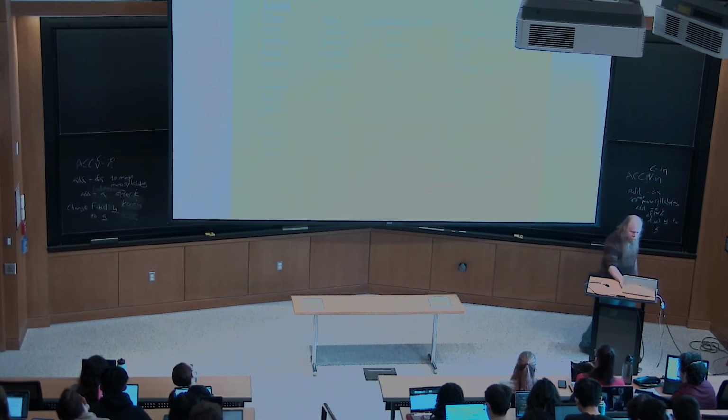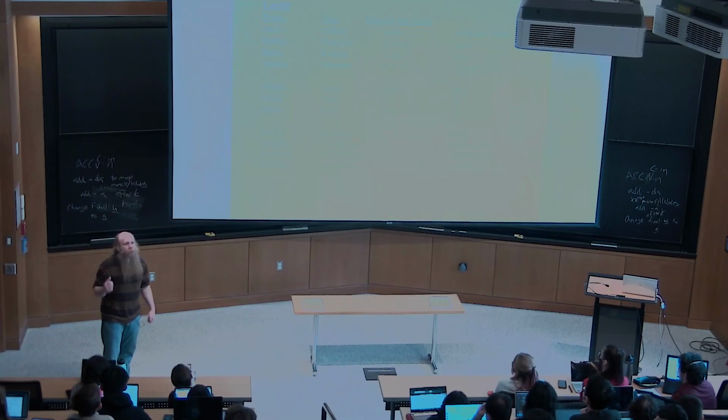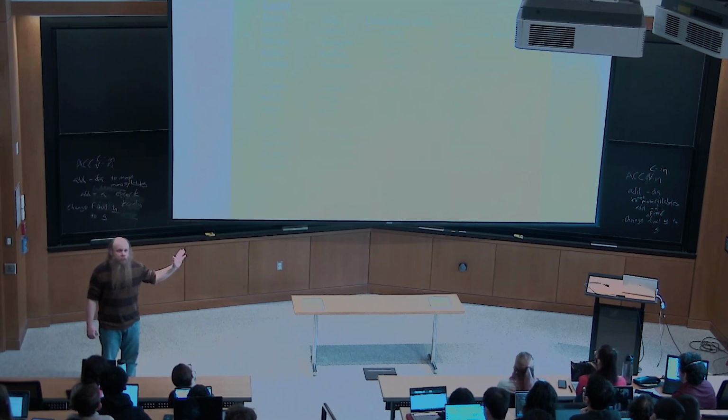All right, and then I think this is the last set of data I wanted to show you. The word for story is ngalo, the word for boomerang is wangal, the word for kookaburra is talkur, and the word for umbilical cord is gundul. But the accusatives are ngalogin, wangalgin, talkurkin, and kundulkin. What's the underlying form of these?